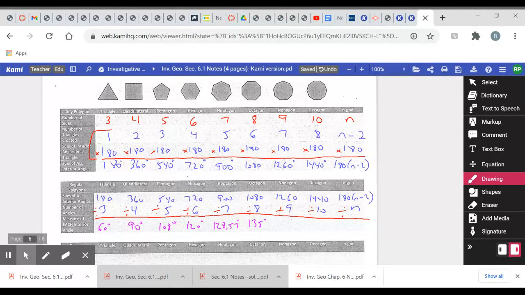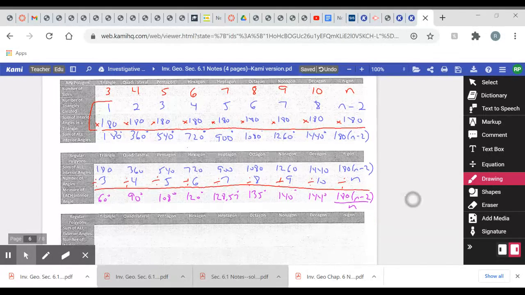So not all of them end up being whole numbers. For a nonagon, a 9-sided figure, I end up with 140. For a decagon, I end up with 144. And so my formula for one interior angle is 180 times n minus 2, all divided by n. And we wrote that on the other side a minute ago.